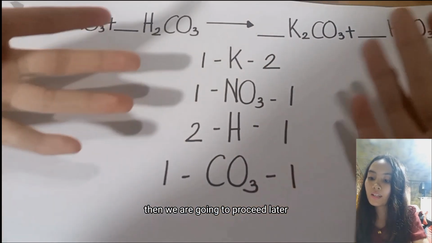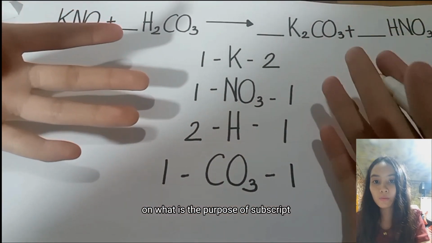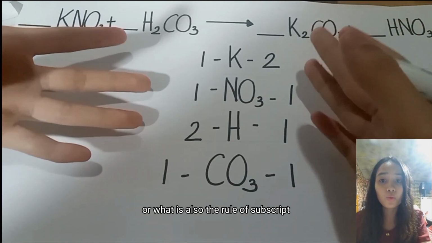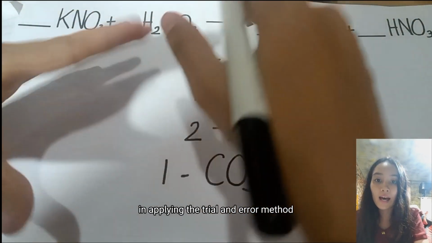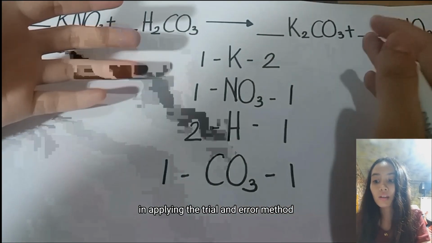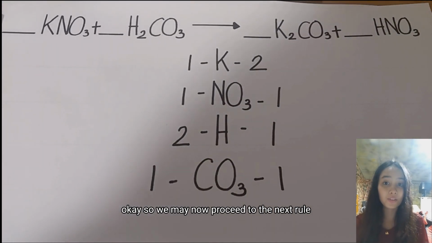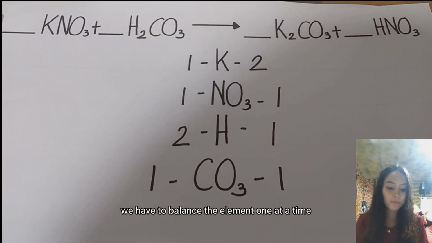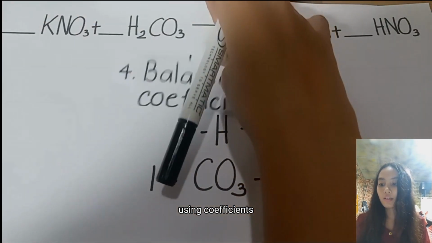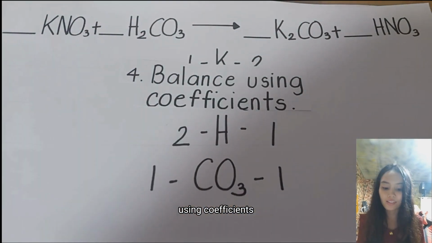Then we are going to proceed later on to the purpose of the subscript, or the rule of the subscript in applying the trial and error method. Okay, so we may now proceed to the next rule. We have to balance the element one at a time using coefficients.